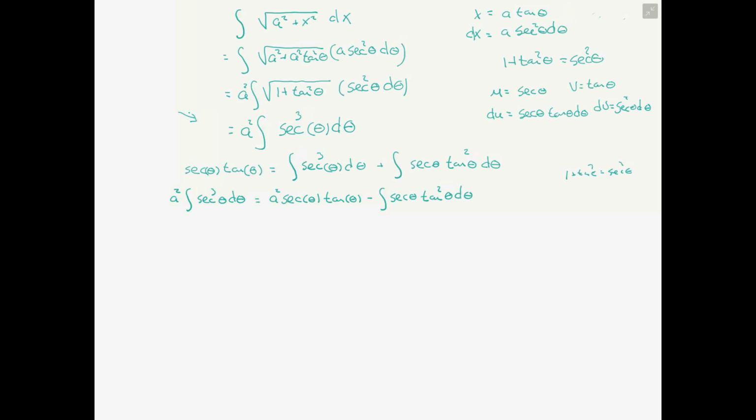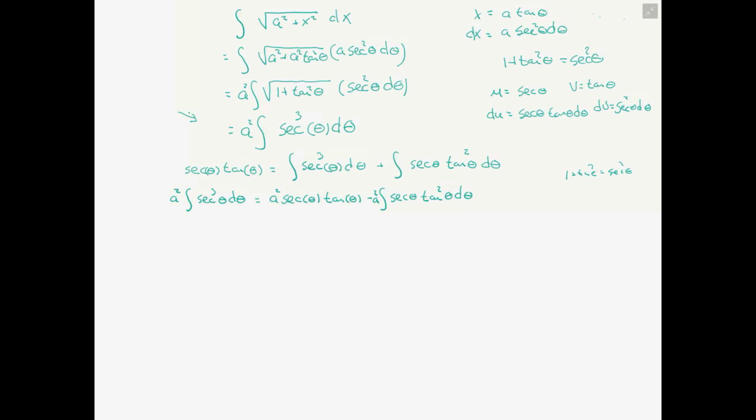Now, we've got this integral to solve. Oh, we forgot our a squared. There. Now, let us take a look at what we've got. We can go back to some original identities here.